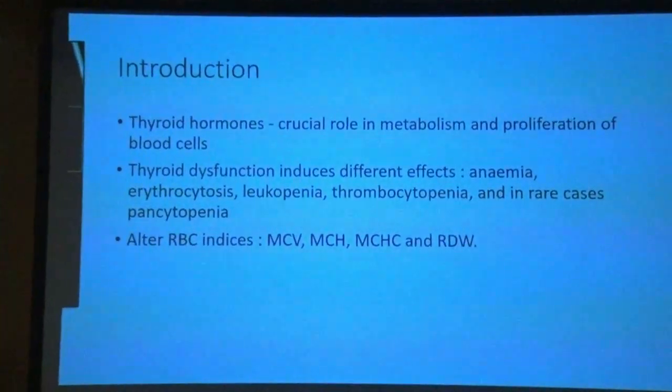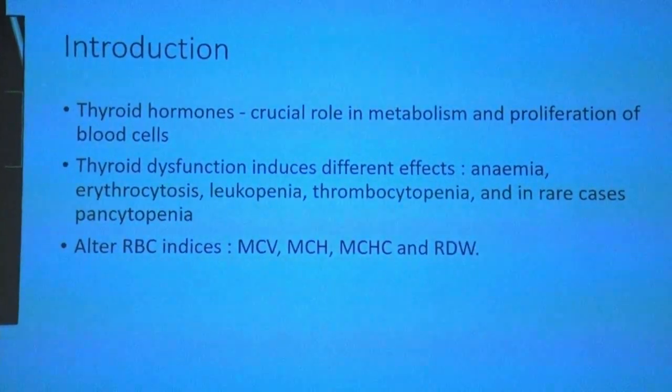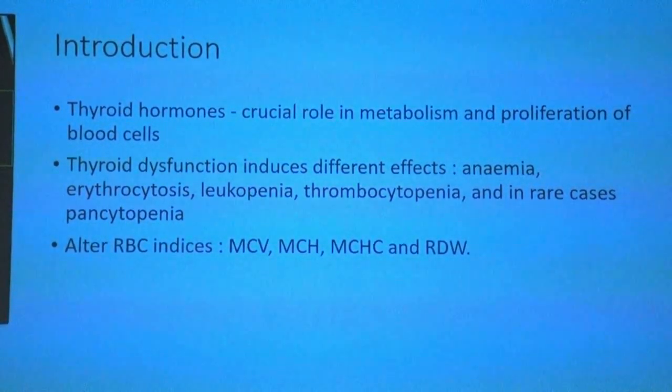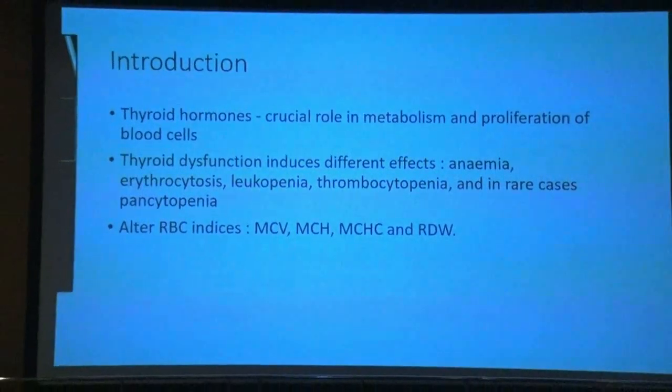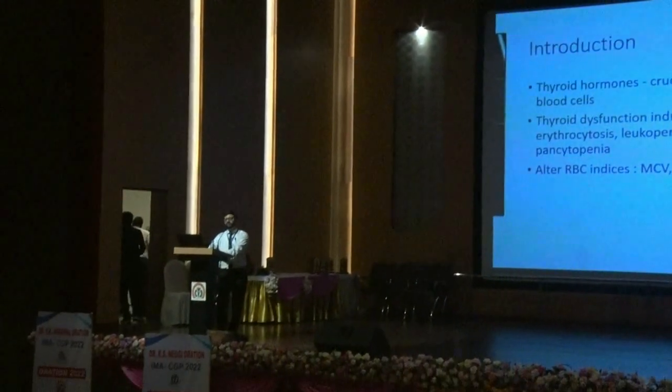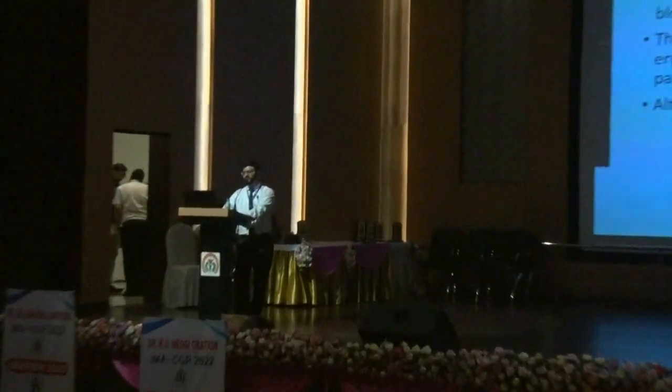So thyroid hormone plays a crucial role in metabolism and proliferation of blood cells. That is fairly known. It involves regulation of the body growth and the development and maturation of hematopoietic stem cells.